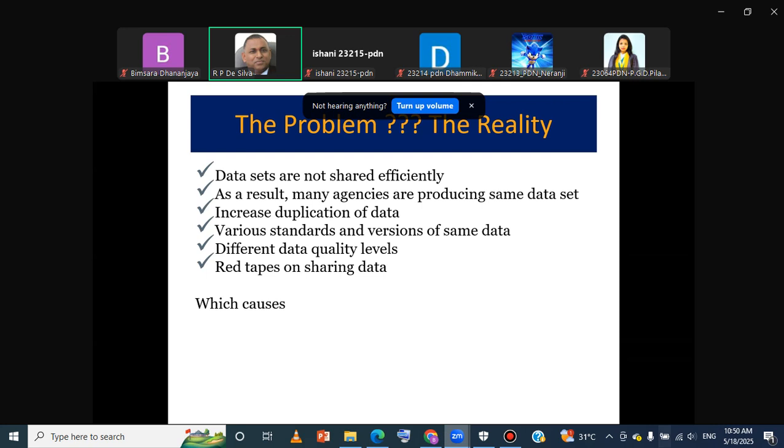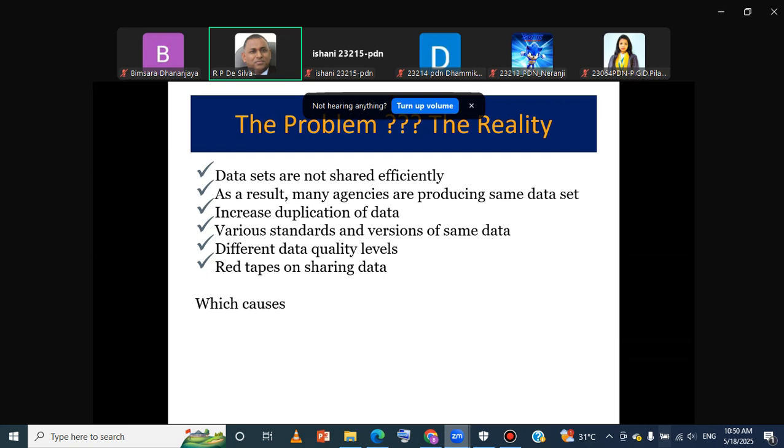And there are still some barriers, red tapes for sharing data. When you ask a question, they will say you need various kinds of bureaucratic permissions to release the data. So it's not a one-step process. And practically, this is the situation in most of the institutions.